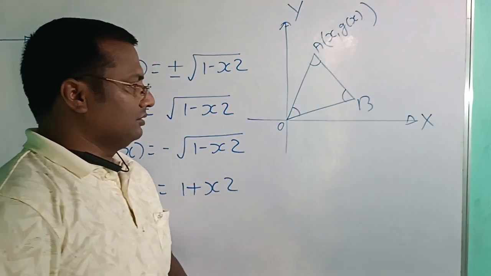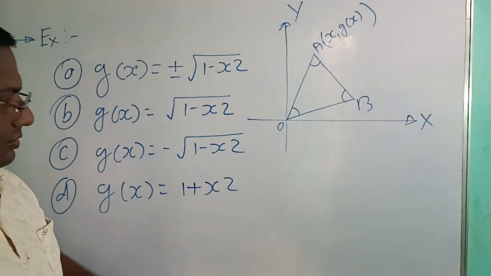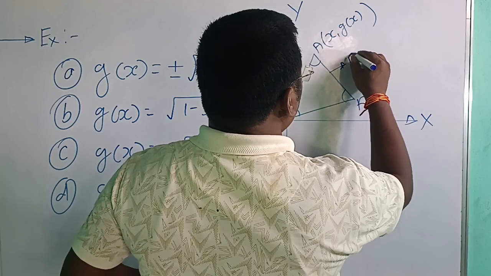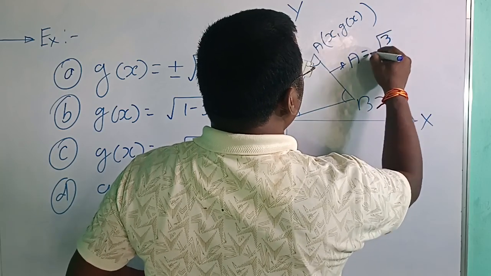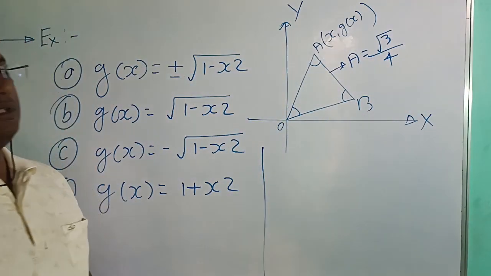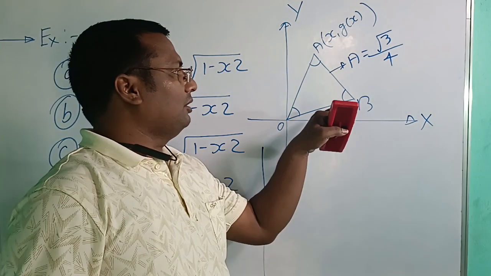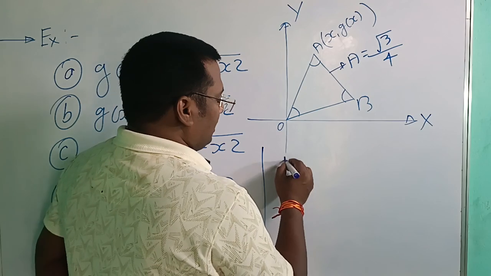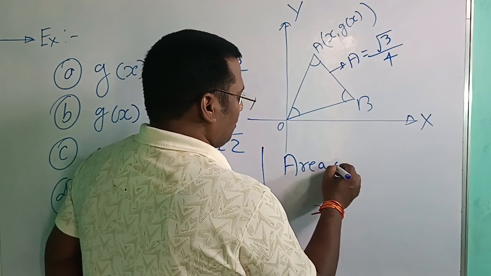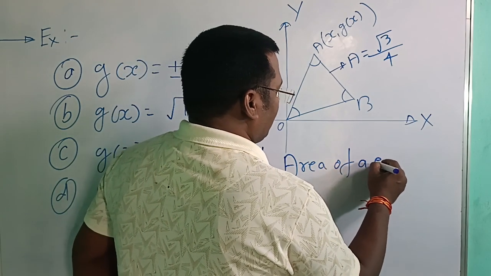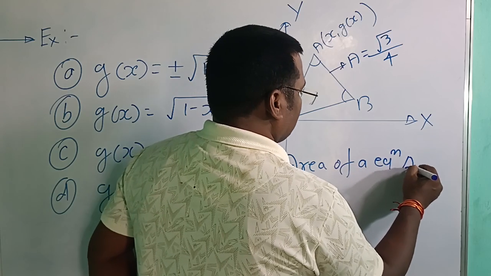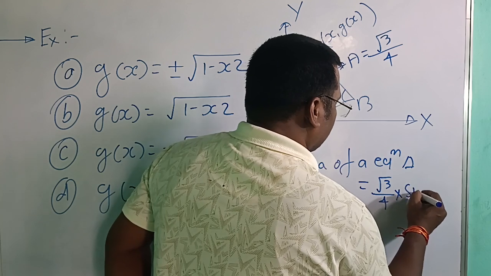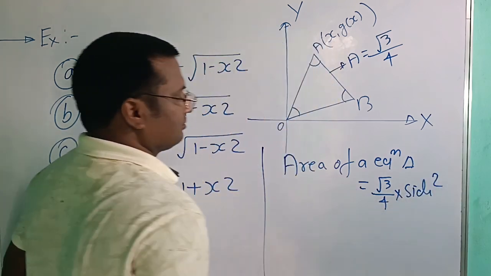We are going to discuss this question. Because this is an equilateral triangle, its area is given as root 3 by 4. This is the given area of this equilateral triangle. As we know, area of an equilateral triangle equal to root 3 by 4 into side square.